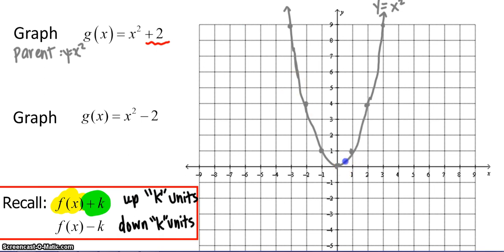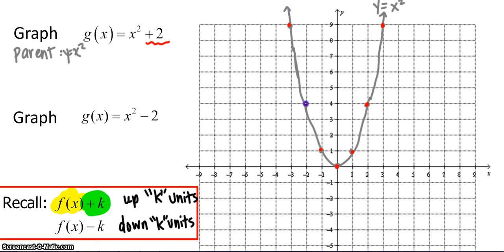I don't want to just do that with my computer. I want to show you how you can do this on your graph. You're going to find key points. So here are some key points that we can shift up 2. Now, these 2 points I could shift up 2, but I'm off the grid.